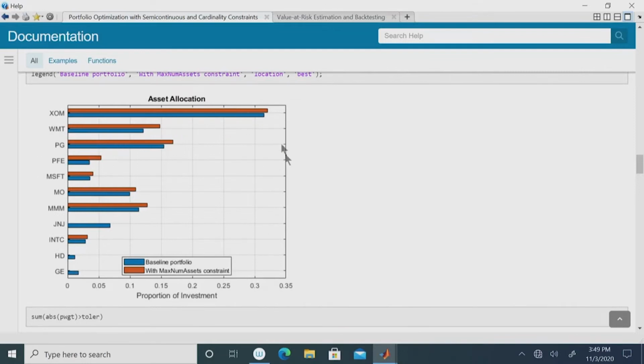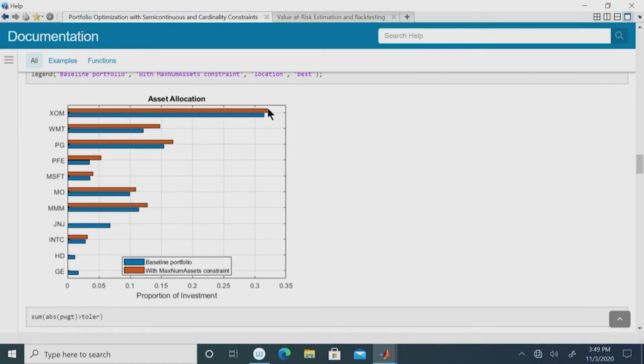These are the assets that have been allocated to the 11 assets in the baseline portfolio, but after you have imposed this condition where the maximum number of assets that can be included in the portfolio is equal to 8, you observe that we just have 1, 2, 3, 4, 5, 6, 7 and 8 assets which are going to be included in the portfolio.